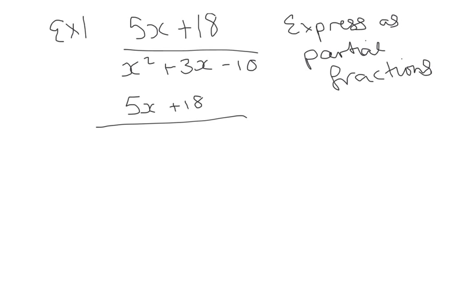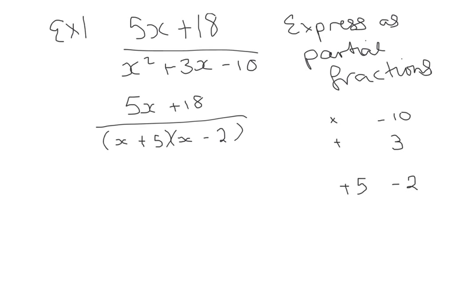So it's a quadratic, 2 brackets, x multiplied by x is x squared, and we need two numbers that multiply to give −10 and add to give 3. So that would be +5 and −2. Multiply to give −10 and add to give 3. So the factors are (x + 5)(x − 2).